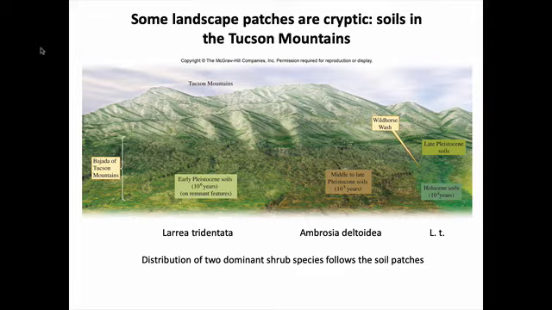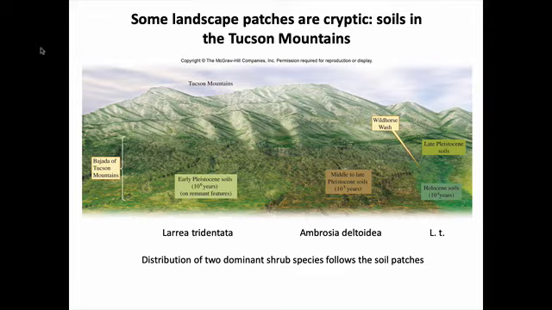Here you have early Pleistocene soils, okay, and these are about 1 million years old. These are middle to late Pleistocene soils. They are eroding from different strata in these mountains, okay, and they are dominated by different species. Now the thing is that both of these species grow in both places, but the relative abundance of them flips.